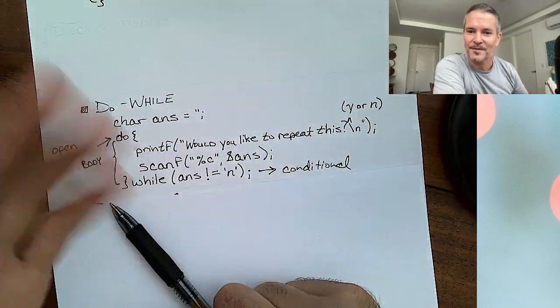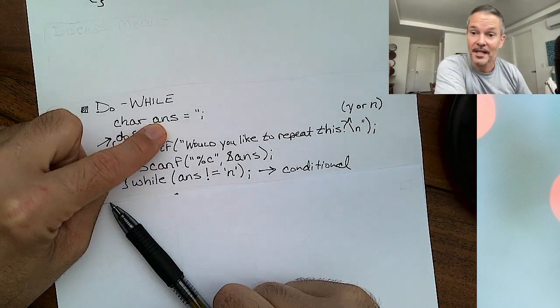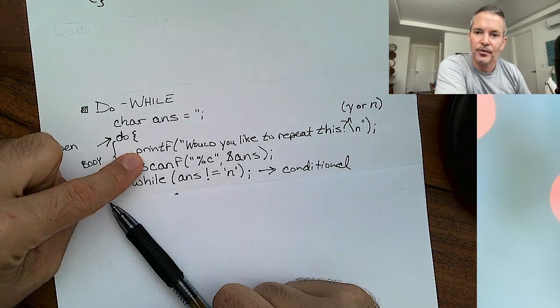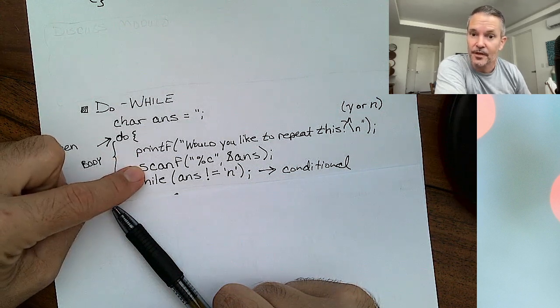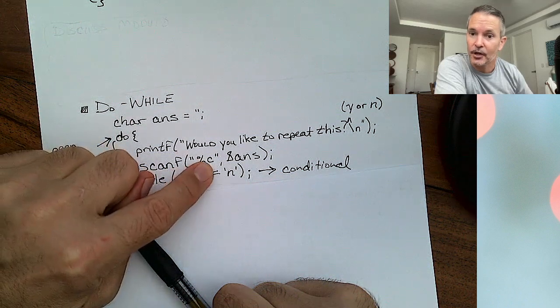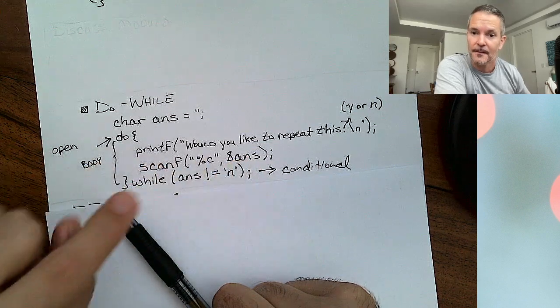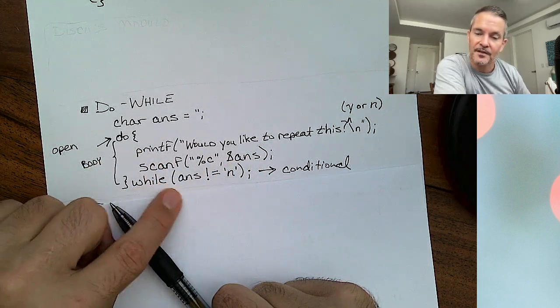So look at my little silly program. I've created a character called ANS for answer. I ask the user, would you like to repeat this? Yes or no? Then I ask the user for input. I'm going to read in a character from the user into my variable answer. Now finally, after I've done this once, I will evaluate the expression.